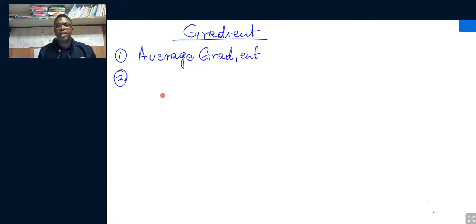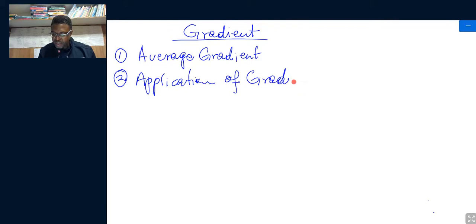When we apply gradients, we can determine if 2 lines are parallel. So here I'm going to have 2a.